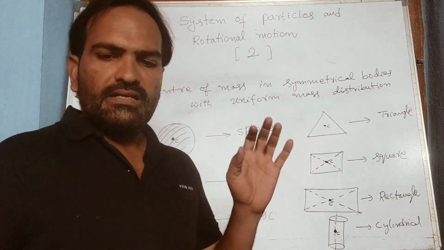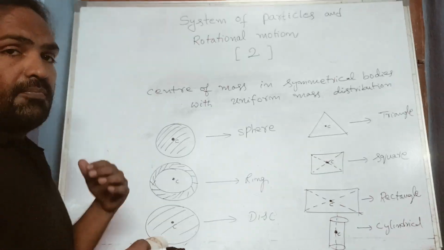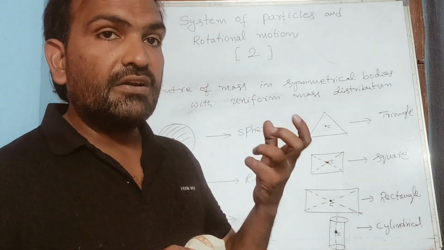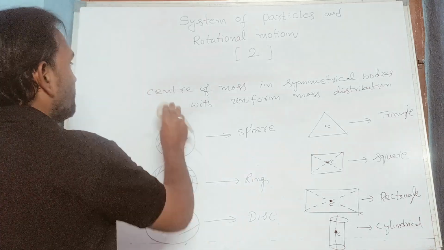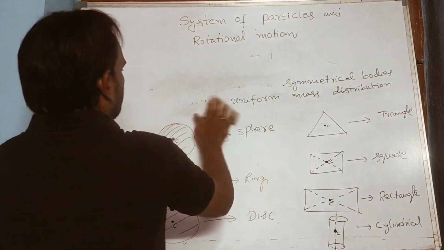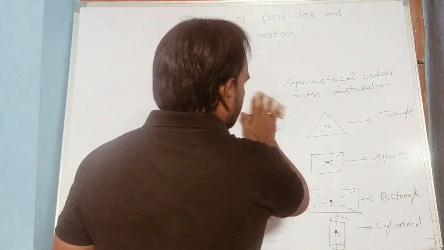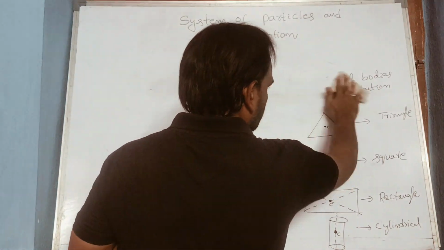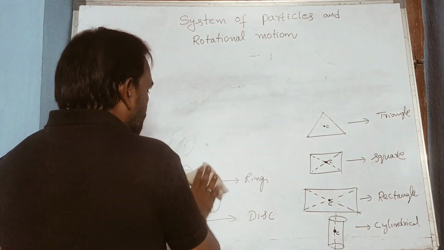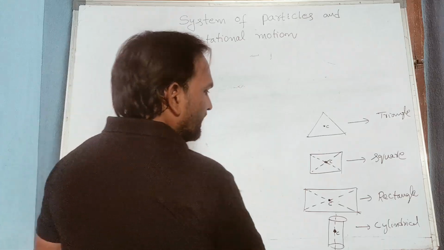Okay, students. So next, the center of mass of a discrete system of particles. How can you find the center of mass of a discrete system of particles? Let's note here. For example, take two particles of a system along a line.